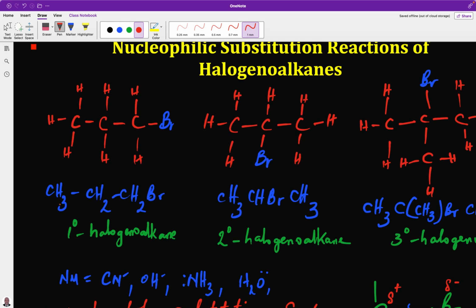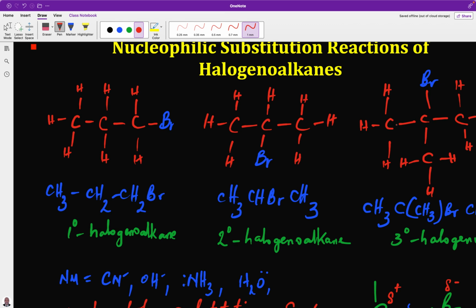I showed you an example of a tertiary halogenoalkane. That is when the carbon atom holding the halogen has 3 other alkyl groups. In this case, there are 3 methyl groups attached to the carbon holding the bromine.